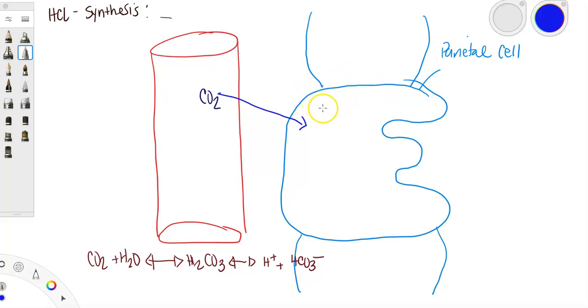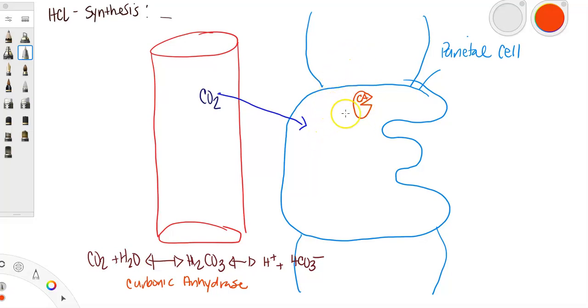The parietal cell has this enzyme in it, which you should know, carbonic anhydrase. So carbonic anhydrase is the enzyme that catalyzes this equation here, this process.